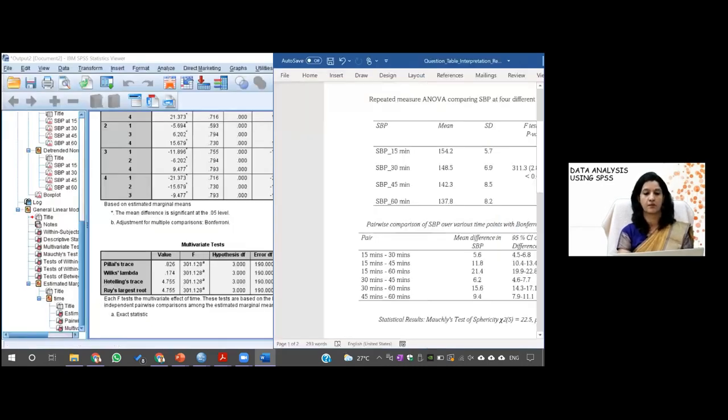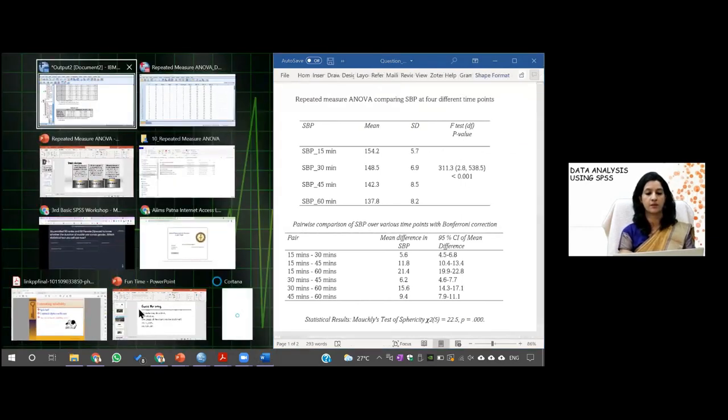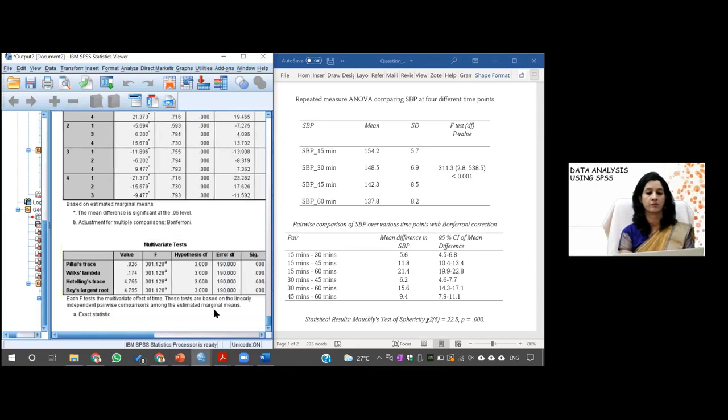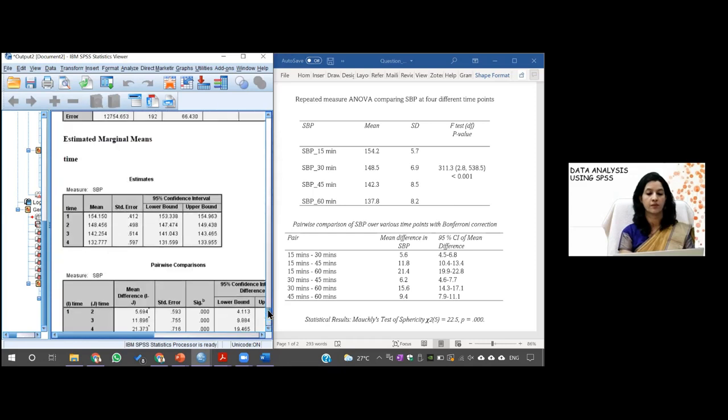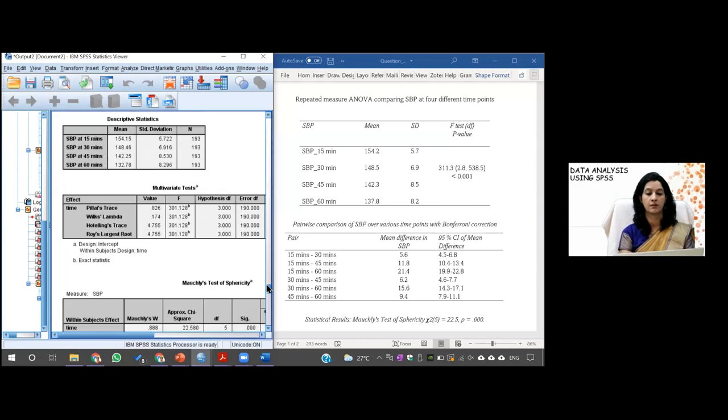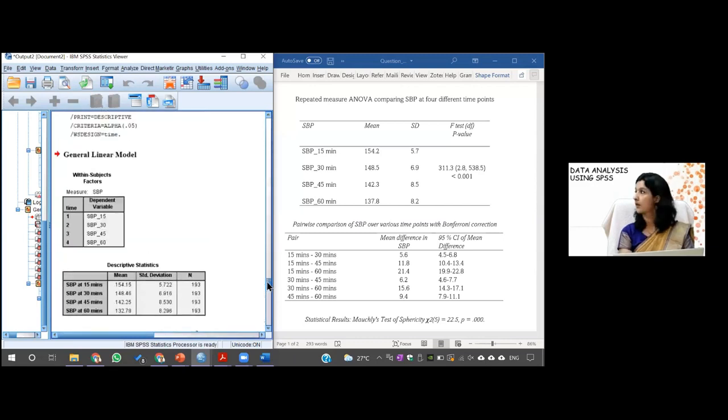If I do it in single, you go here and you can see the mean value.